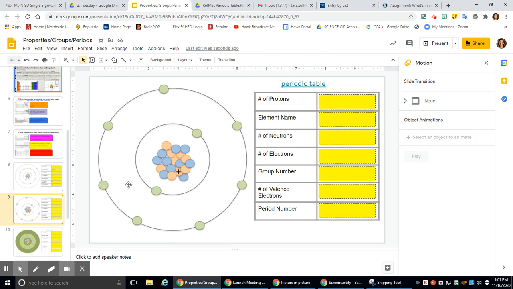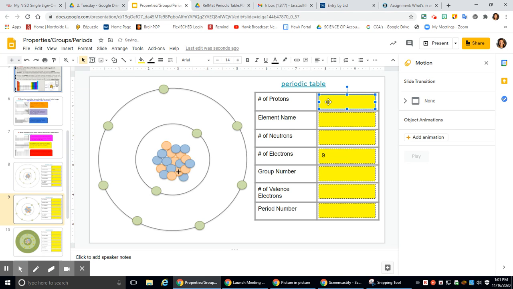Okay, let's go to our next Bohr model. So again, we can do the same. So I want to know how many protons and electrons I have. So again, I could count these protons, but just to be sure, I'm going to count my electrons because I know my protons equal electrons. So 1, 2, 3, 4, 5, 6, 7, 8, 9.